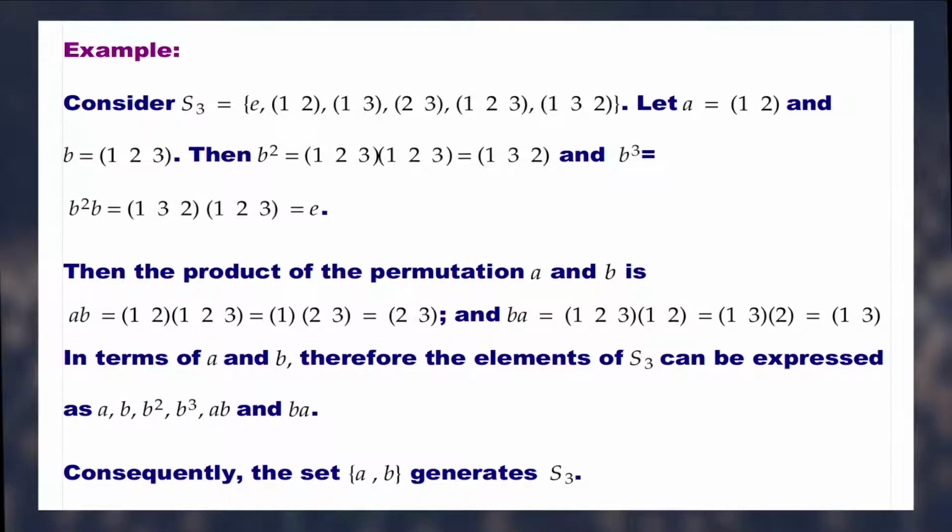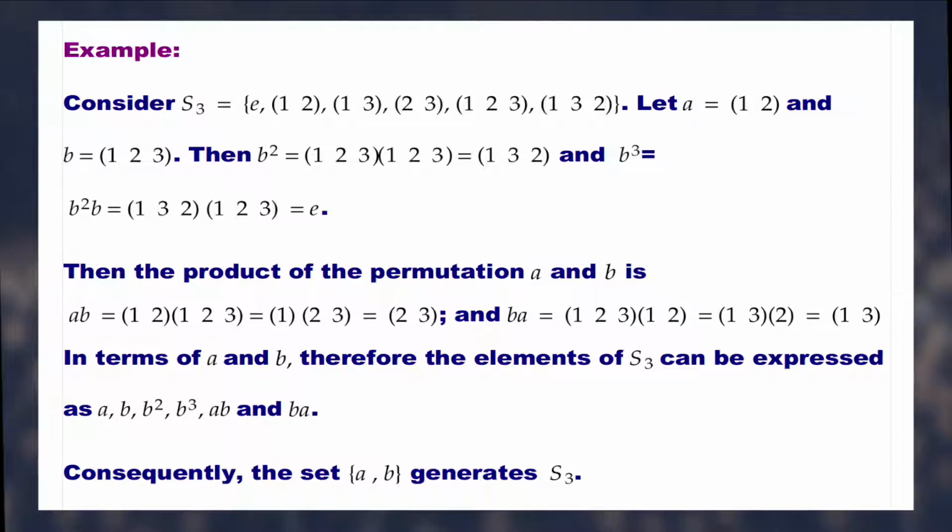So b squared times b is equal to (1 3 2) times (1 2 3), which is equal to the identity. 1 goes to 2 and 2 goes to 1, implies 1 goes to 1. Next, 2 goes to 3 and 3 goes to 2, implies 2 goes to 2. Similarly, 3 goes to 1 and 1 goes to 3, implies 3 goes to 3. So finally we get the identity permutation.